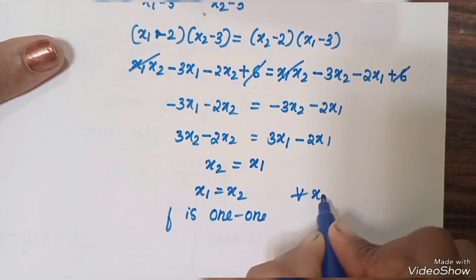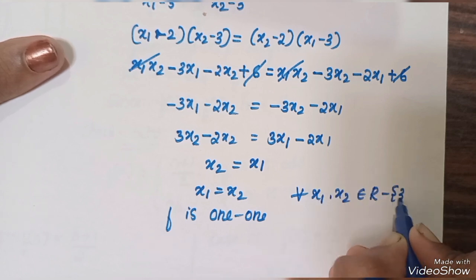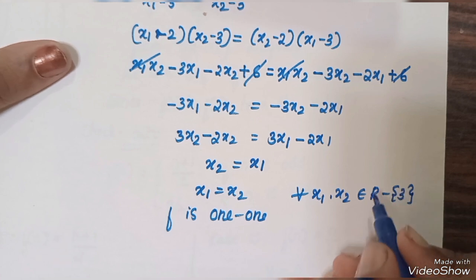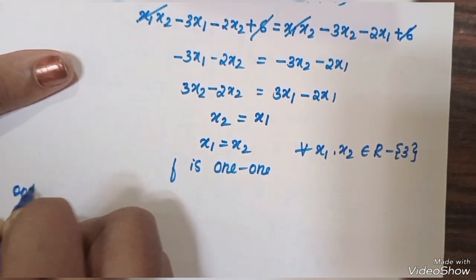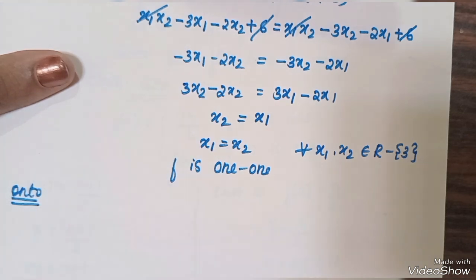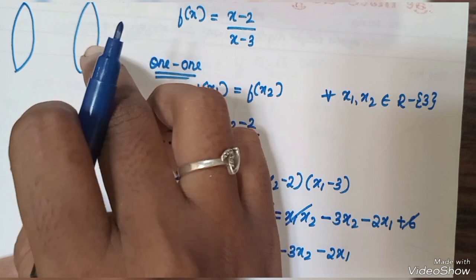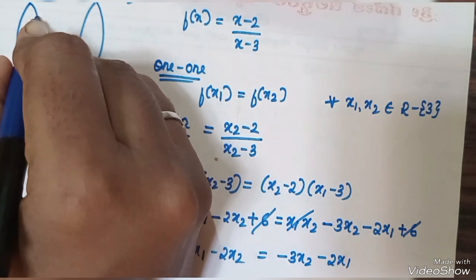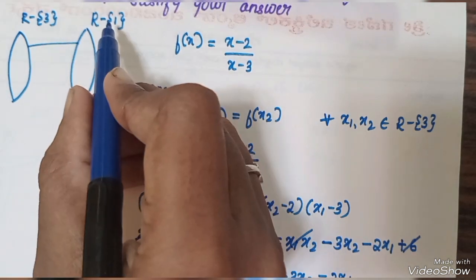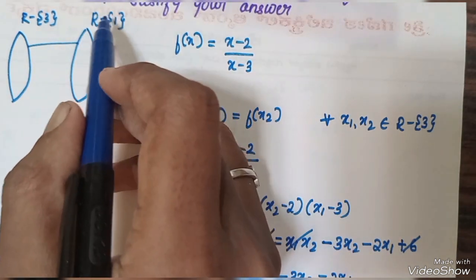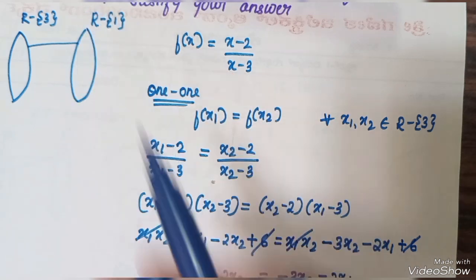Again, check the condition for onto. Onto means every element has an image, here from the real numbers except 1. Except 1, all values have an image.